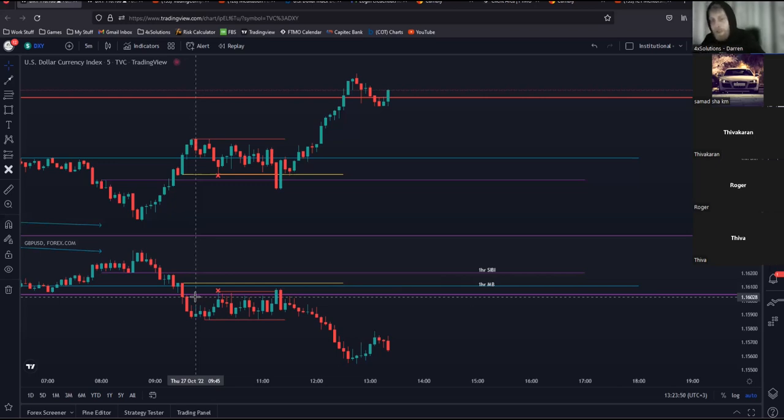How do you find SMT? Well, SMT on swing highs, SMT on open, high, low, and close, SMT on mitigation, SMT on breaker. Do we see here that this blue line represents mitigation on the 1 hour chart, right?